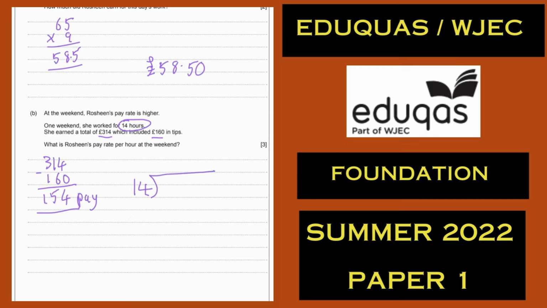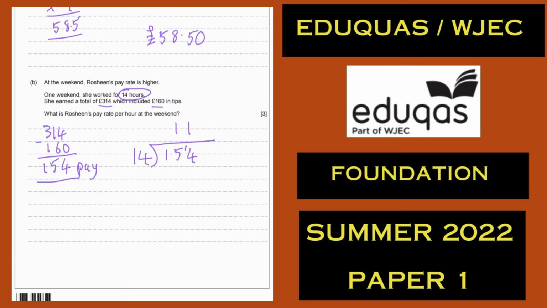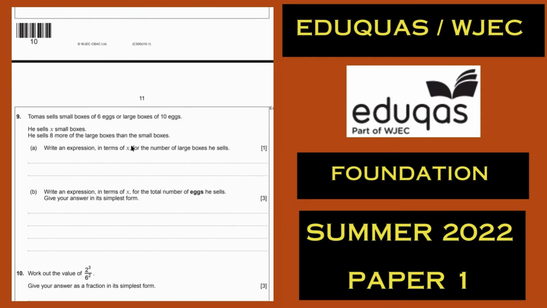Your job is to work out how many 14s go into 154. Again, repeated addition is fine. I know some people don't like long division. Don't do it then, because 14s into 15 is 1 remainder 1. Just do it as a short, because the numbers are easy. And there we go. 11 is her pay rate. Well worth wrapping it up. £11 per hour. On we go.